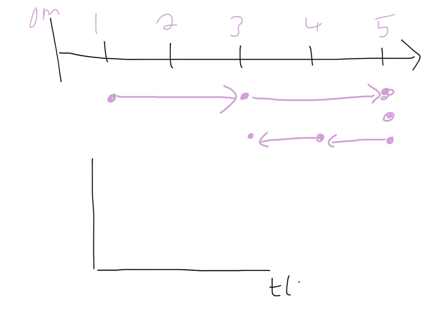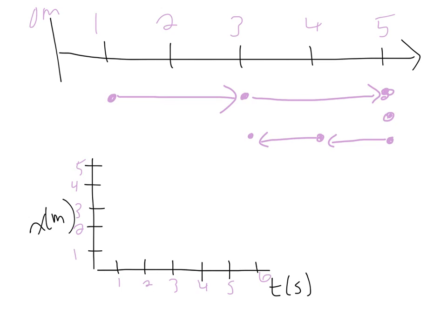We've got time in seconds on the x-axis, distance in meters on the y. 3, 4, 5, 6 seconds. And 1, 2, 3, 4, 5 meters. Label my axes. We want to show how much each of these increments are. So we've got 1, 2, 3, 4, 5, 6 seconds. 1, 2, 3, 4, 5 meters. And then we make our graph.